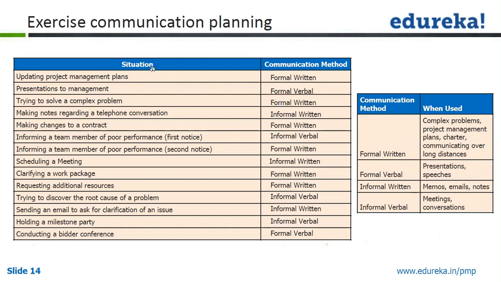So for every situation, you will have one communication method, which is one of the four combinations of formal, informal, written or verbal. Formal written will be used for these situations: complex problem, project management plan, charter, communication; formal verbal, and so on.